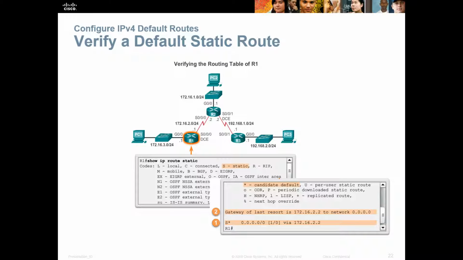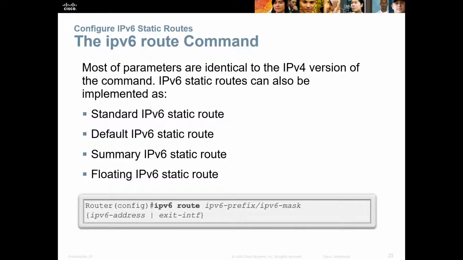So now we talked about setting up IPv4. How do we do IPv6? And there are 4 types. There's a standard IPv6 static route, a default IPv6 static route, a summary IPv6 static route, and a floating IPv6 static route. Most of the parameters are very similar. The key thing here is ipv6 route, the prefix.